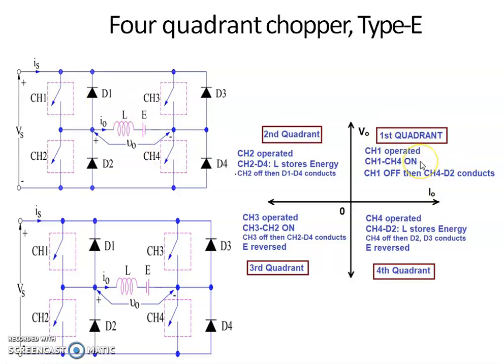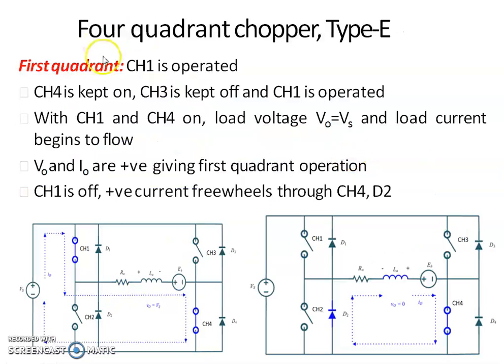In first quadrant, the output voltage is positive and output current is also positive. For first quadrant operation, CH1 is operated.